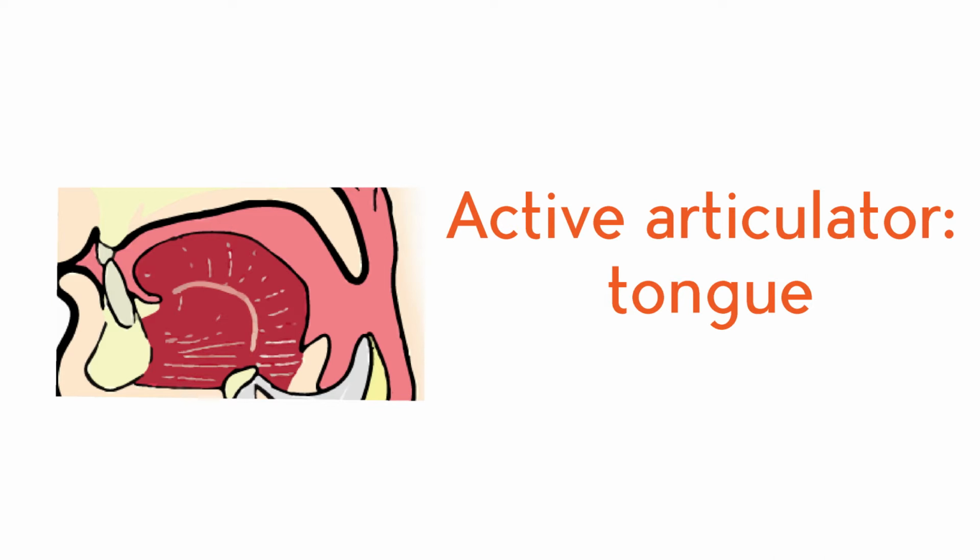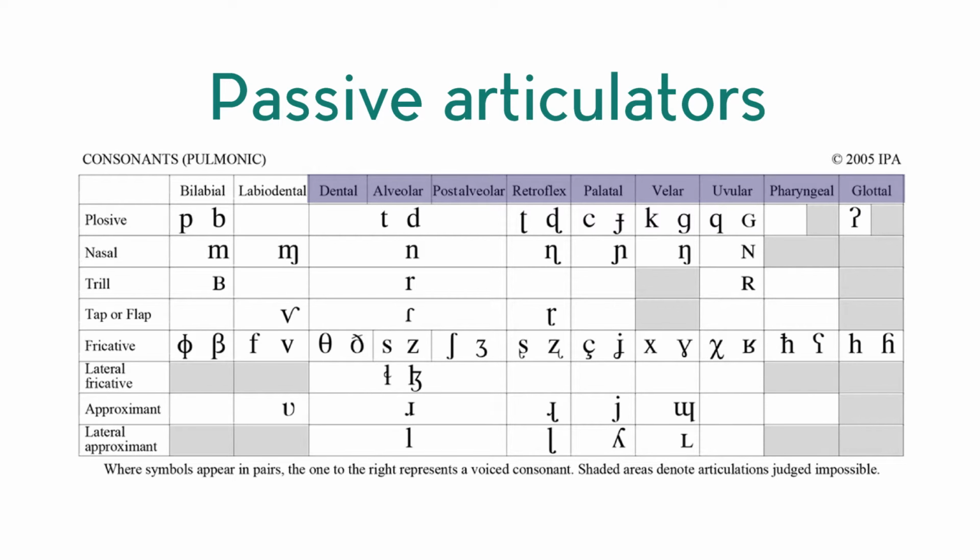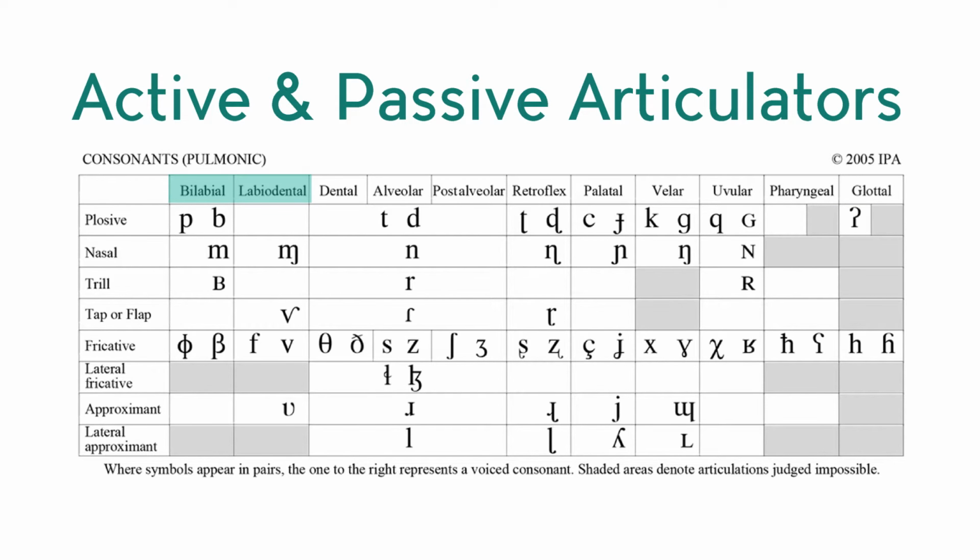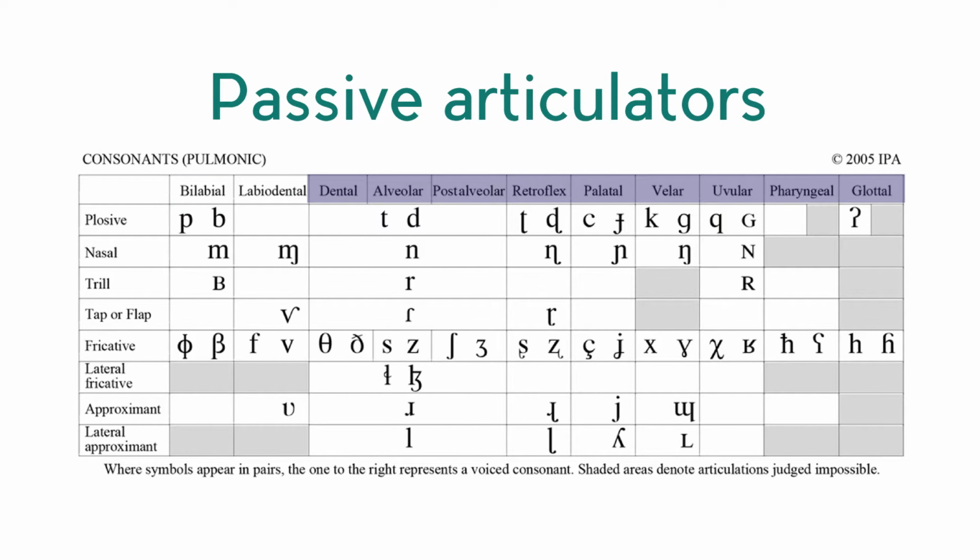So we just stick to the passive articulator. But for bilabial and labiodental, the active articulator is not the tongue or any part of the tongue, it's just the lower lip. So that's why they are mentioned. But for the rest of these, for most of which the tongue or a part of the tongue is involved, the active articulator is not mentioned. We will cover that in a more advanced discussion of phonetics.